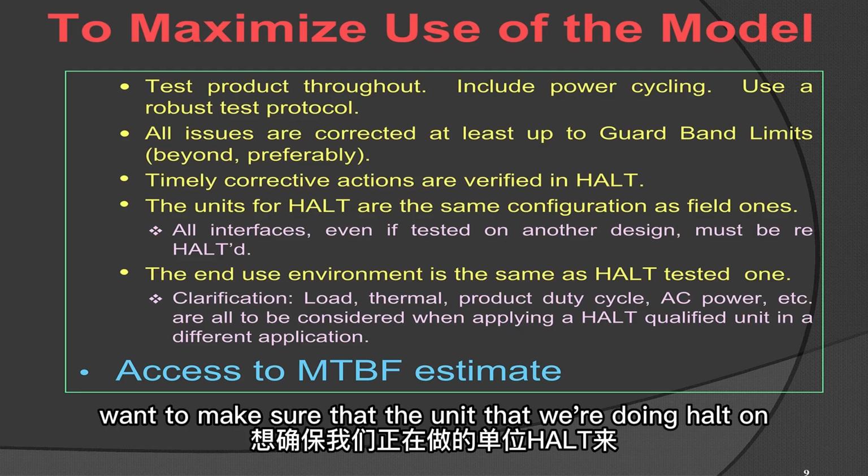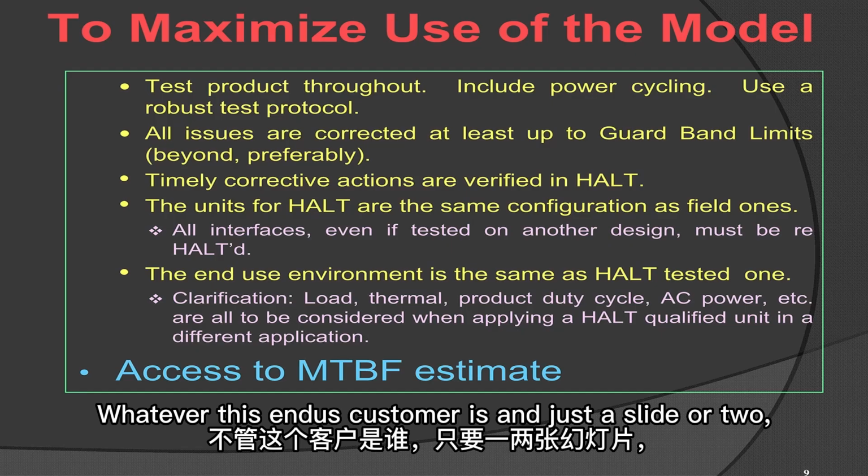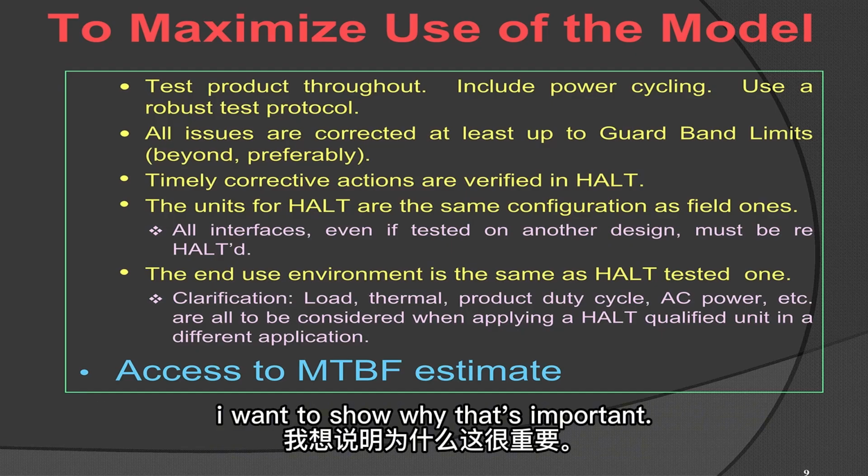Want to make sure that the unit that we're doing halt on is identical to the unit that we're going to be shipping to whatever this end-use customer is. And in just a slide or two, I'm going to show why that's important.